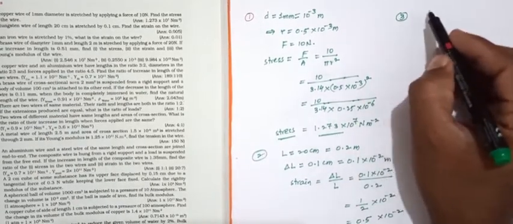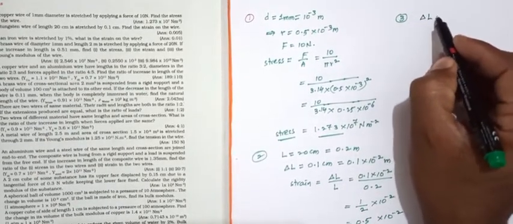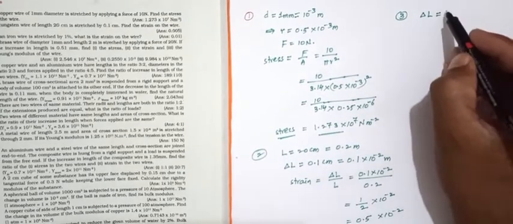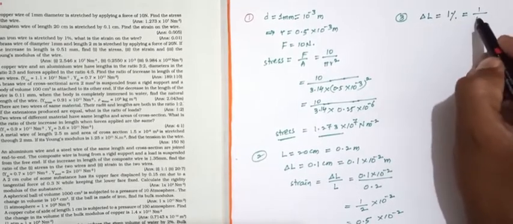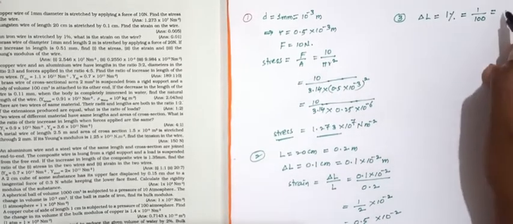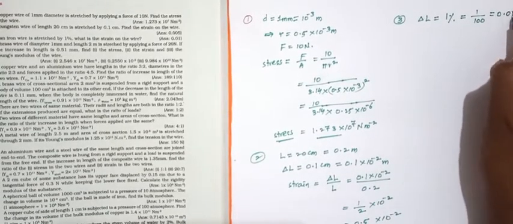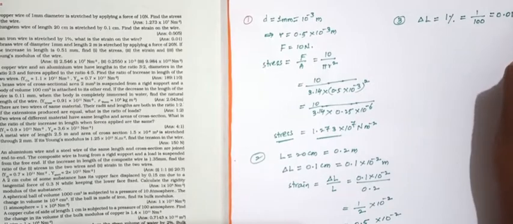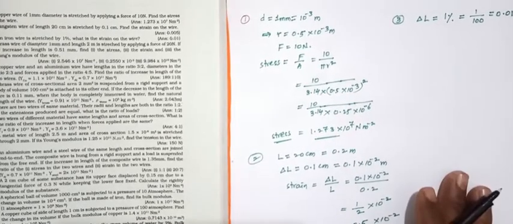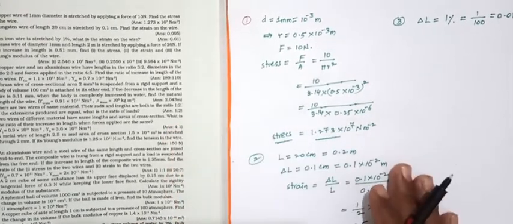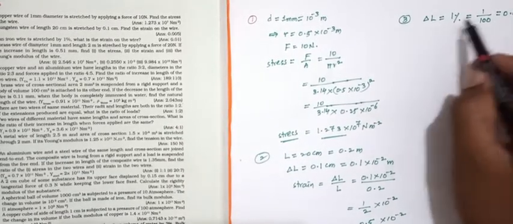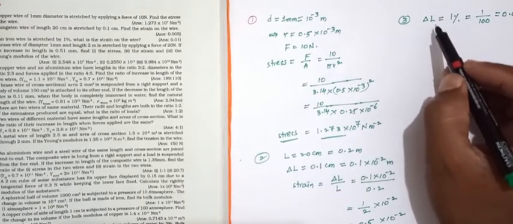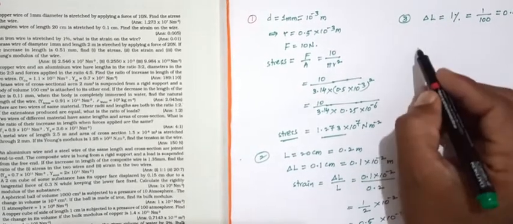So that is delta L equals 1%. 1% is nothing but 1 by 100, equals 0.01, into L. So why is L taken again? Because 1% is stretched with respect to the initial value.